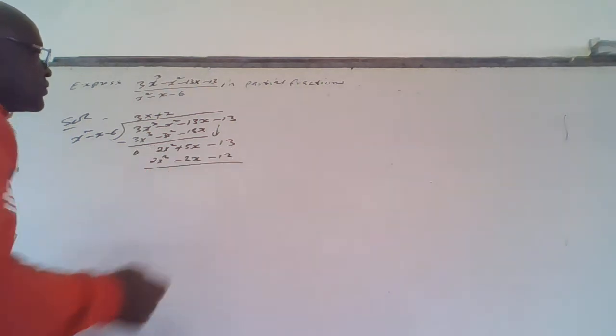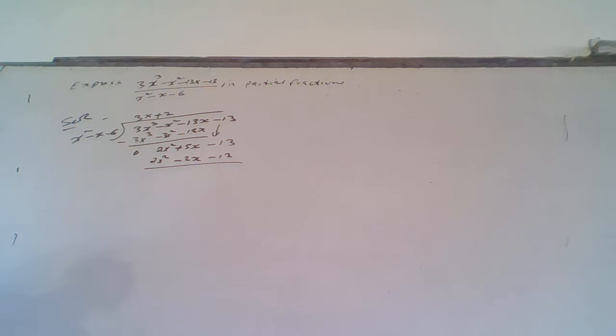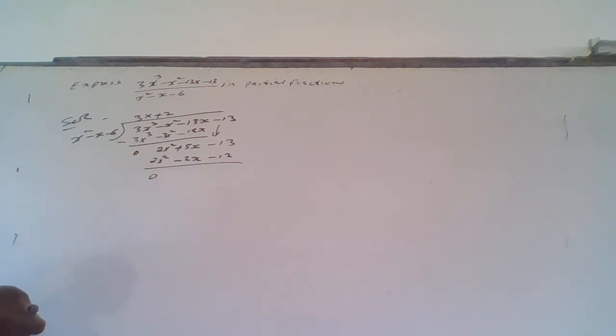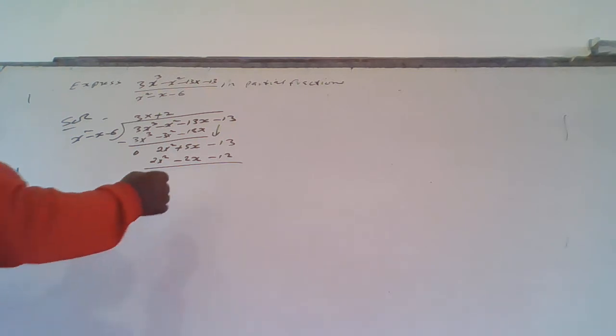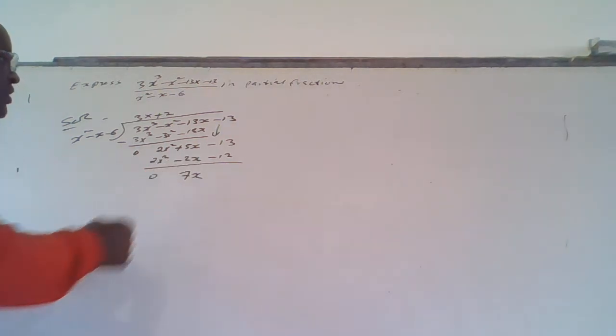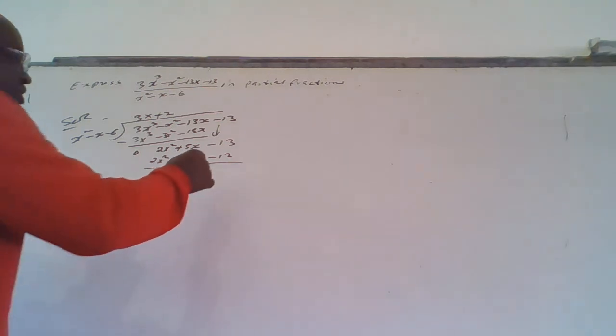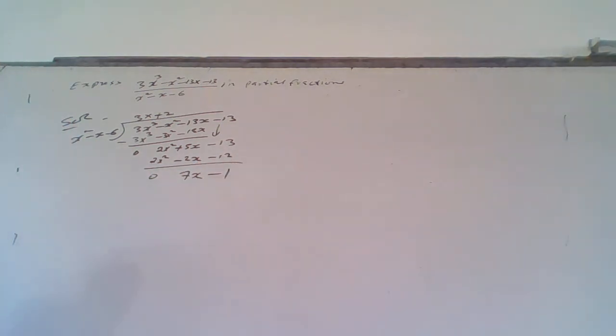Then we subtract. Here you get 0. You have 5x minus negative 2x, you have 7x. You have negative 13 minus negative 12, so it's the same as negative 13 plus 12. We have negative 1.